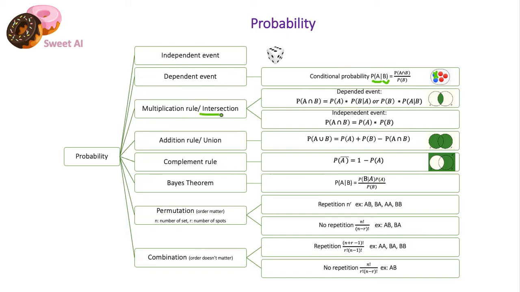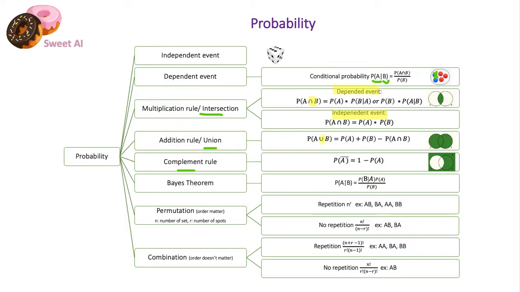Now let's talk about intersection, union, and complement. Intersection is, as this picture suggests, when probability A and B have overlap. For dependent and independent events, we have a different formula to calculate intersection. This is how we show the intersection.